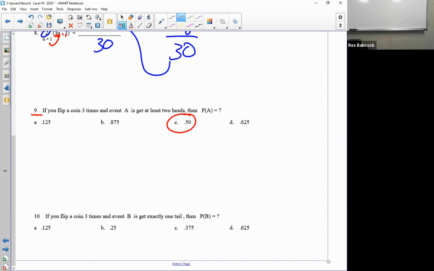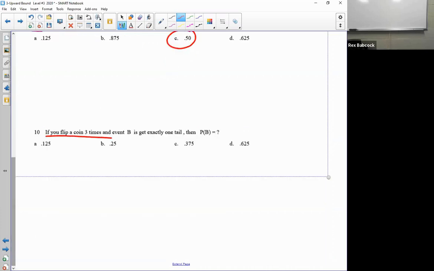Okay, number 10 is the same. It's not any different than that. It's just I changed the event. It says exactly. That answer is C.